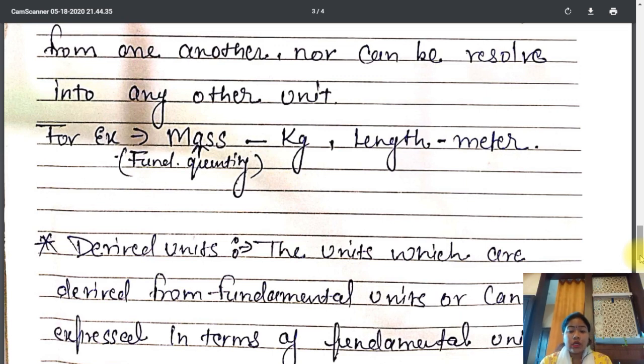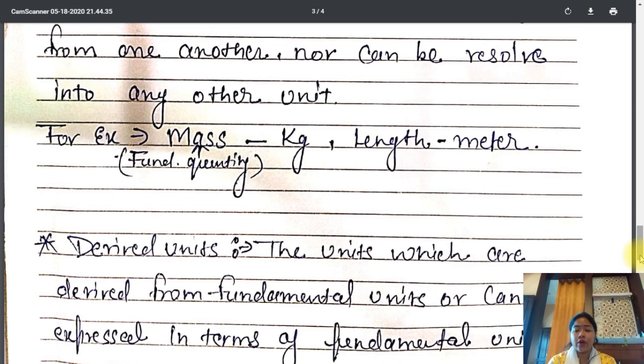So mass and length are in the category of the fundamental physical quantities, whereas speed and acceleration are not independent. They depend on other types of quantities. So those quantities are in the category of the derived physical quantities.